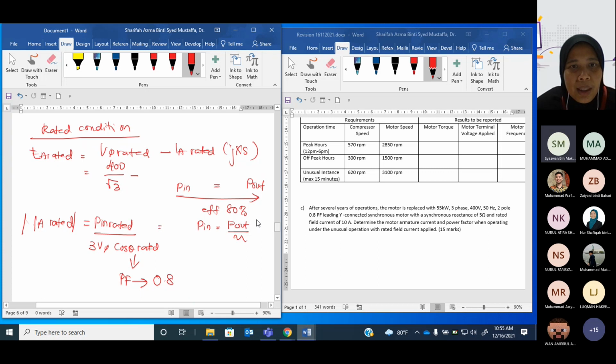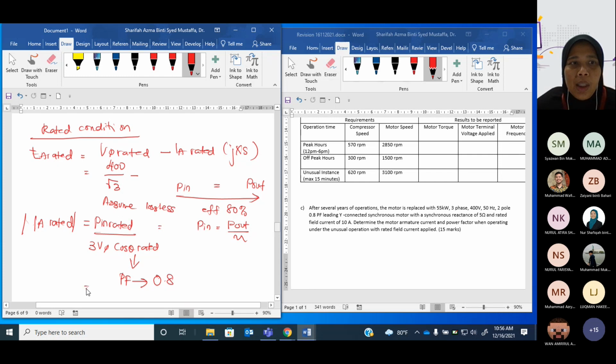Macam tu ke? Betul. So in this case, if there is nothing mentioned about the losses, you can assume it's a lossless operation, P in equal to P out.